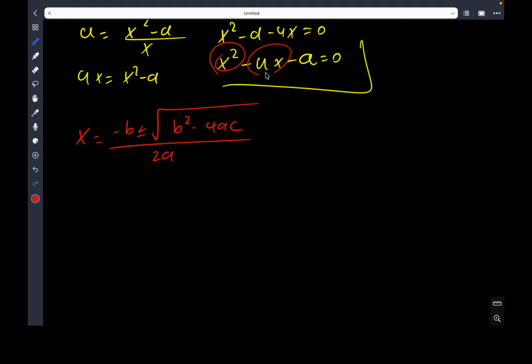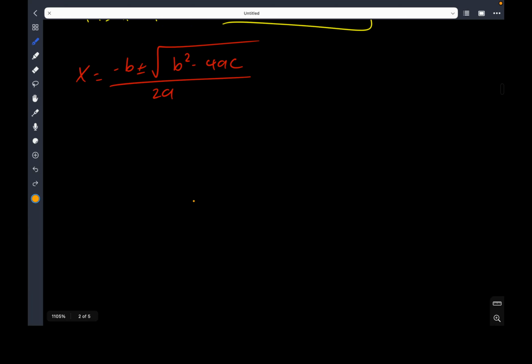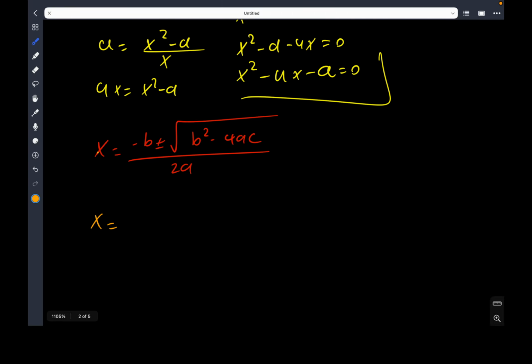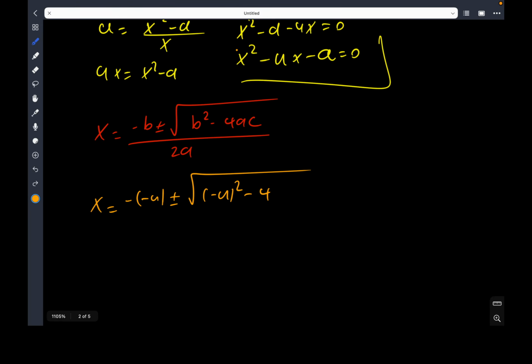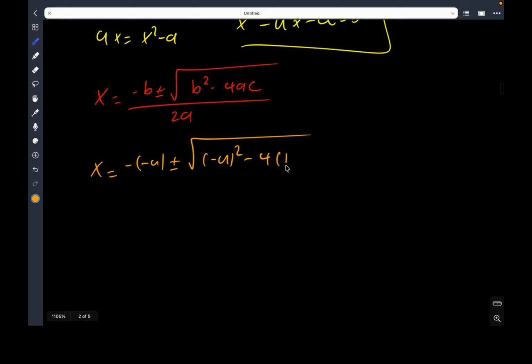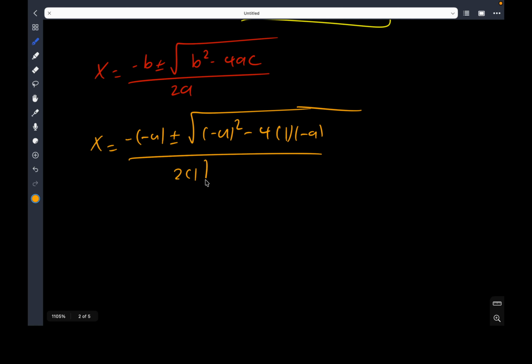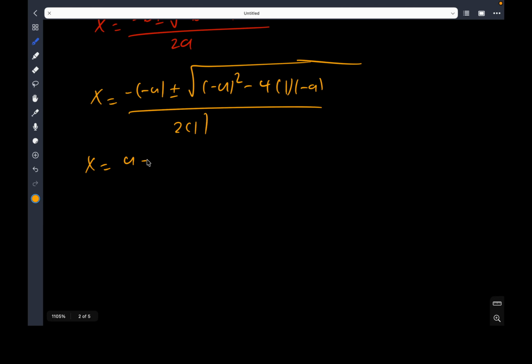Now if I plug in the variables that I have here, my x is going to be negative negative u plus or minus root u squared minus 4 times 1 times negative a over 2 times 1, and x is going to be u plus or minus root u squared plus 4a over 2.